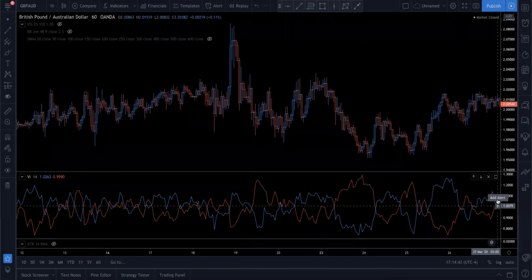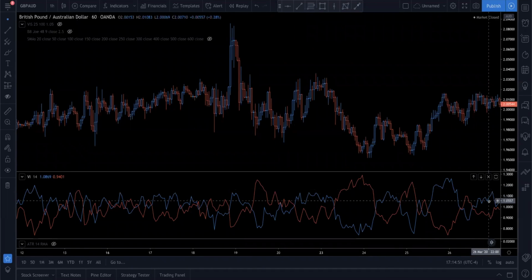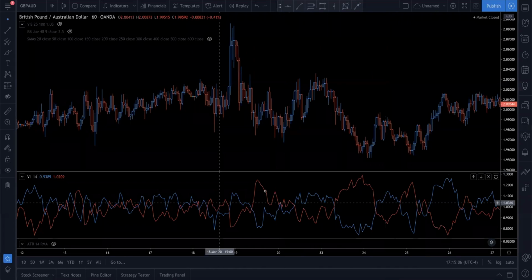And then you have your 1.1, 1.2, 0.9, 0.8. Essentially what that does is it allows you to see levels similar to an RSI or an ADX or something like that, that gives you an overbought, oversold type of situation. But in this case, it's not directional because it is only showing you volume like the ATR.